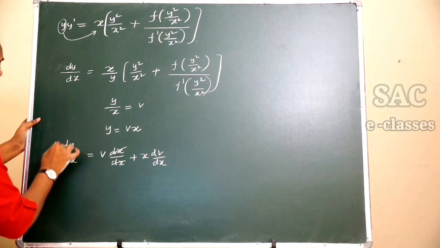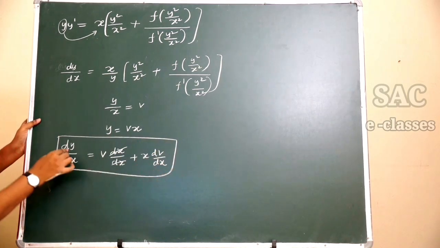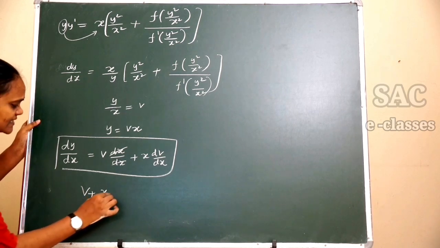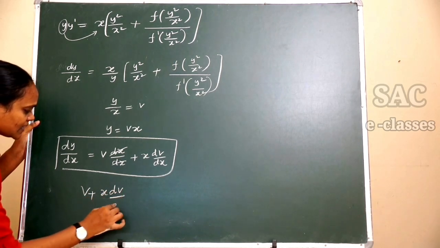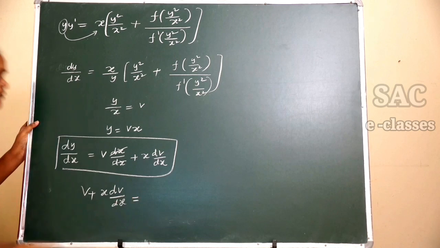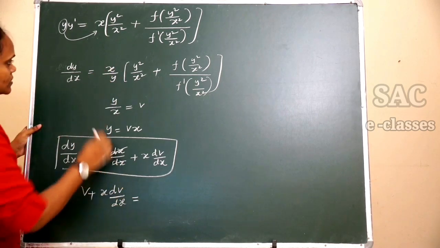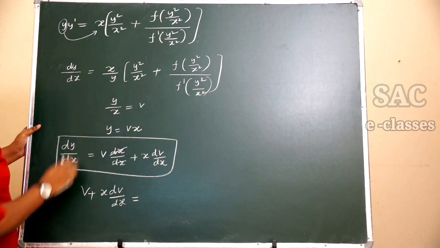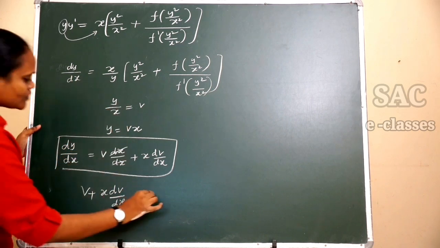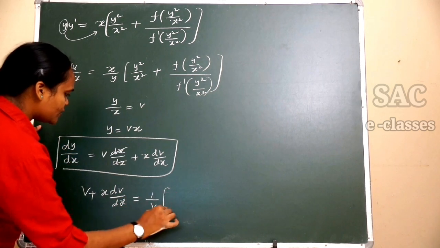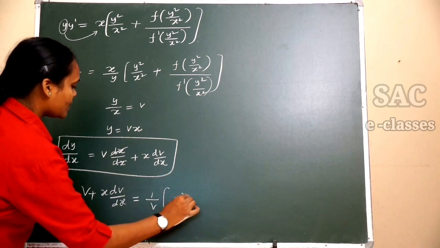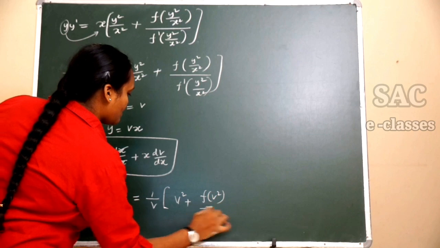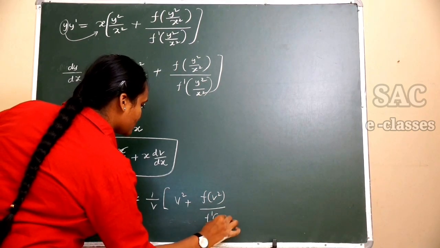So in the place of dy by dx, we have v plus x into dv by dx, which is equal to, let's convert this also. We know that x by y is 1 by v, as y by x is v. So 1 by v into v square plus f of v square by f dash of v square.